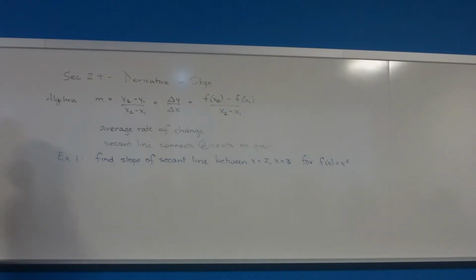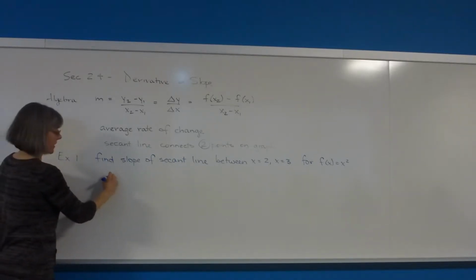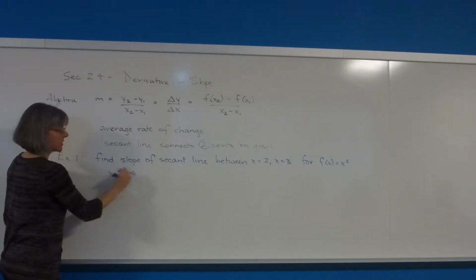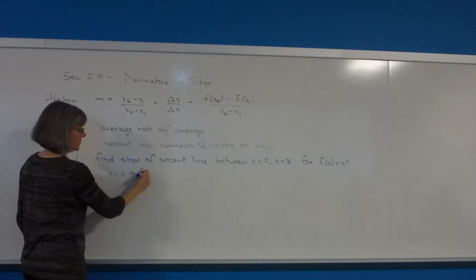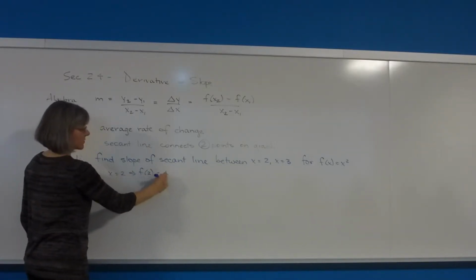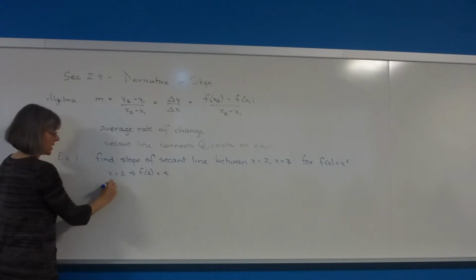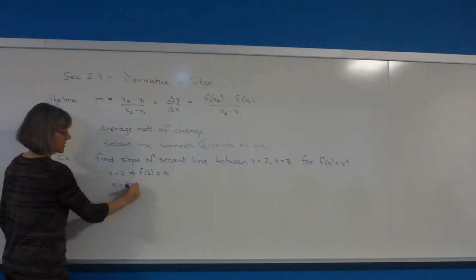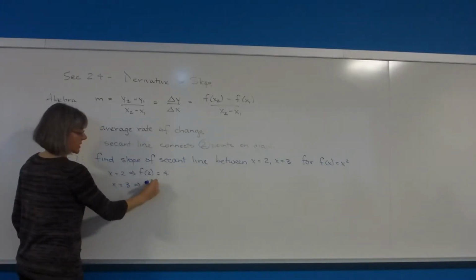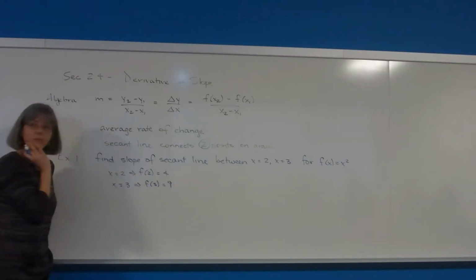Okay, so for slope, what do we need? 2 points. Do I have 2 points? I've got the x values. Can I find the y values? Sure. x equals 2 tells me that f of 2 is 4. That's my y value. x equals 3 tells me that f of 3 is 3 squared, 9.